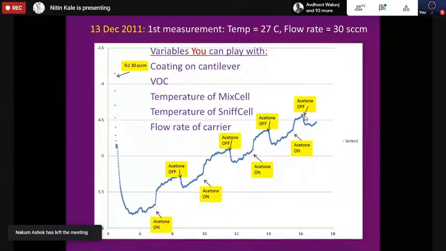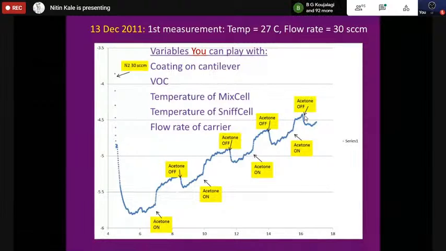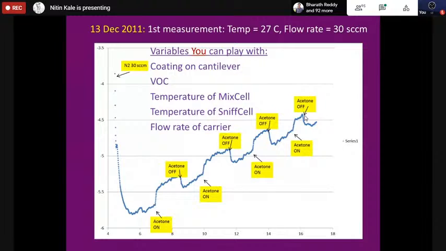Now, you can do a lot of experiments with this setup. For example, you can change the coating on the cantilever. You can change the volatile compound in the flow, in the liquid cell, or in that headspace vial.